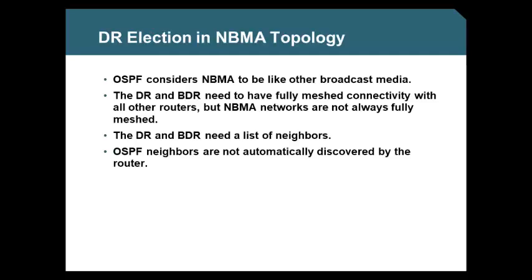The DR and BDR need to have full mesh connectivity with all other routers, but NBMA are not always fully meshed. The DR BDR needs a list of neighbors. OSPF neighbors are not automatically discovered by the router.